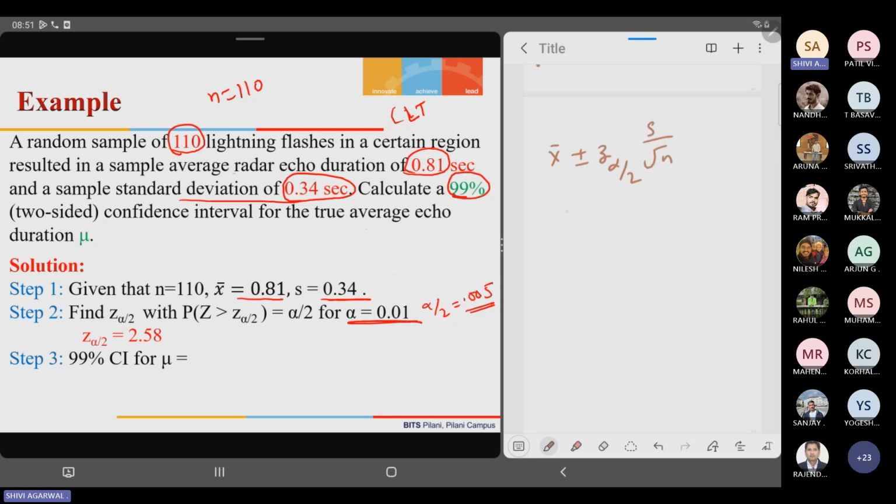We substitute the values here: 0.81 plus minus 2.58. You can find 2.58 from the standard normal table, which we have used many times earlier.